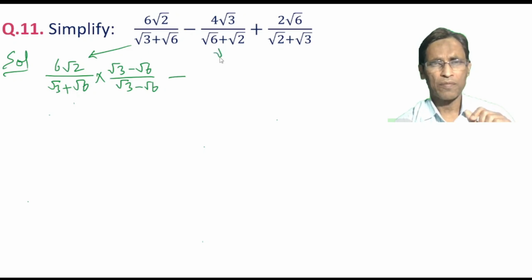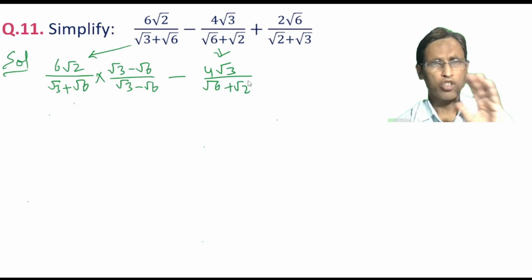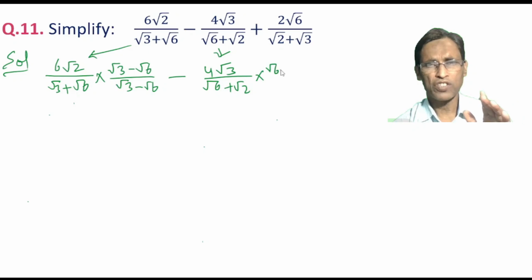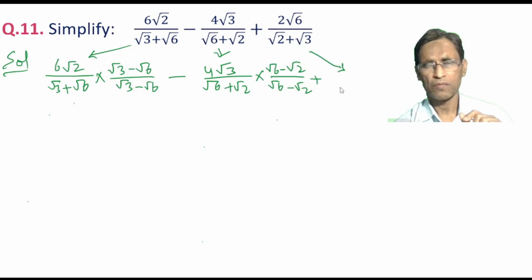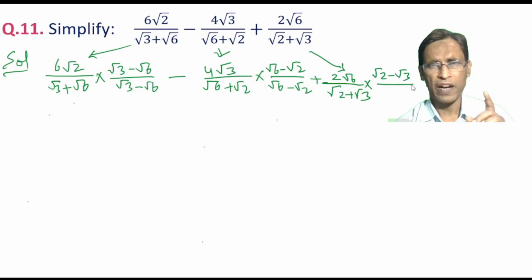For the second term, 4 root 3 by root 6 plus root 2 and so it will be also multiplied by root 6 minus root 2 by root 6 minus root 2 and then we come to the third fraction, 2 root 6 by root 2 plus root 3 into root 2 minus root 3 by root 2 minus root 3.